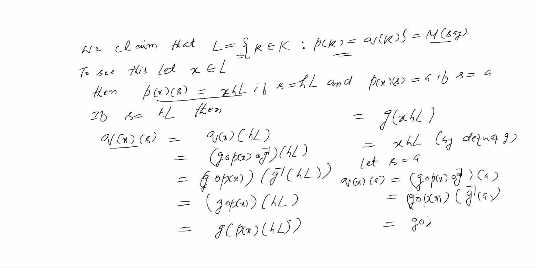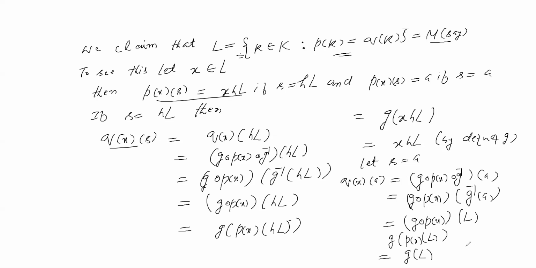So G composition P_X of L. So it is G of P_X of L. Now P_X of L is X_L, because L you can write as 1L. So it is G of L.